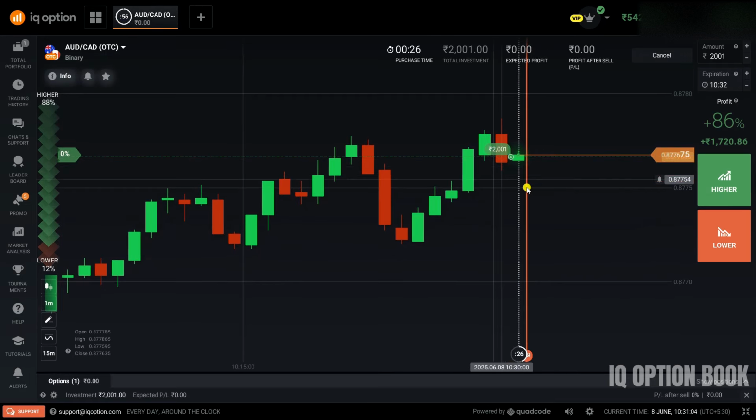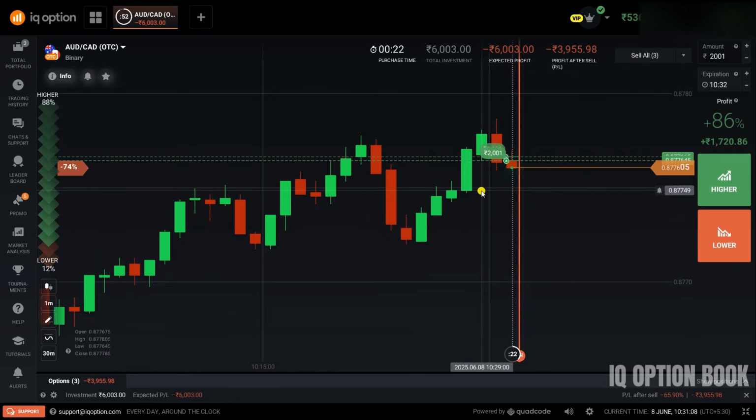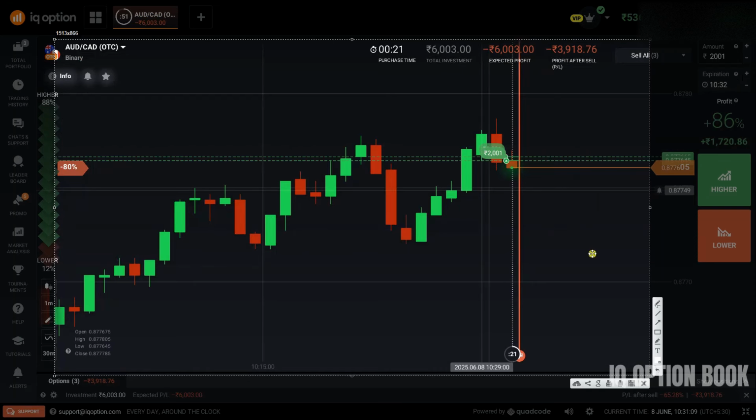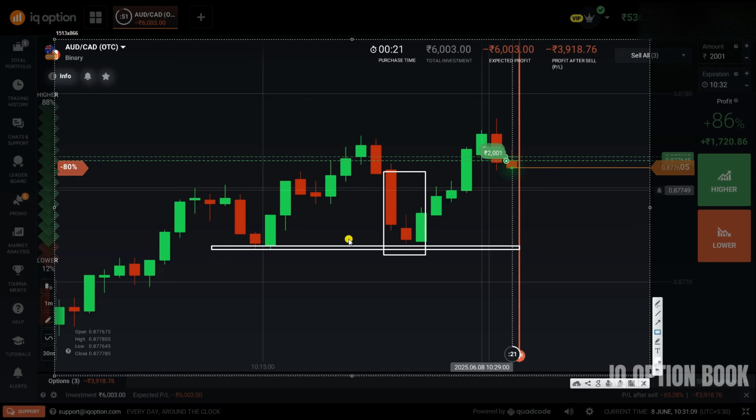Why am I saying buyers? Let me take some trades. Yes, why I'm expecting buyers after this bearish engulfing is because here you can observe a morning star pattern, a morning star pattern, and afterwards you can clearly observe there is an uptrend.